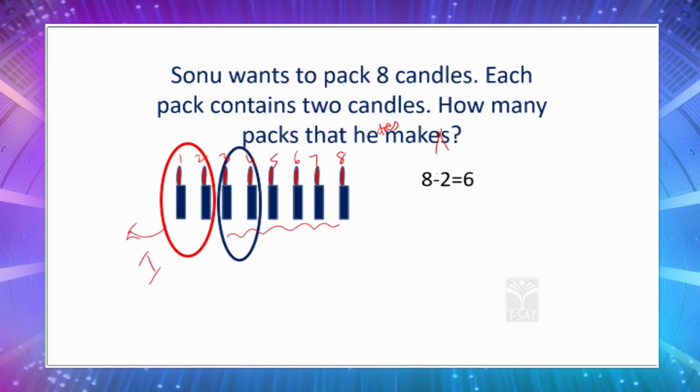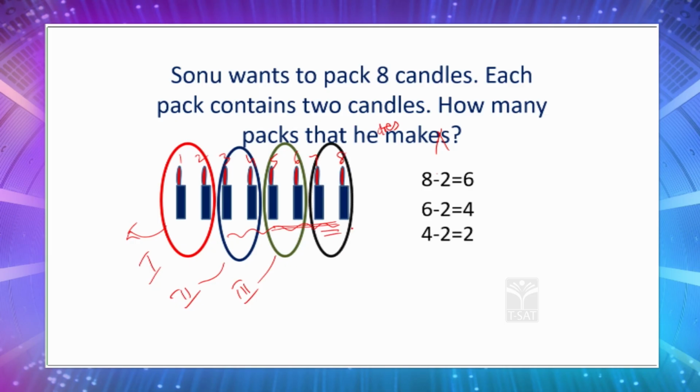From 6, 2 will be packed in the second pack. So, 6 minus 2 equals 4. We have remaining 4 candles, and from 4 candles we pack 2 candles in the third packet, and see remaining 2 are there and we pack with 2 in a fourth packet. So, all candles are packed with 2 candles in 4 packets, right.